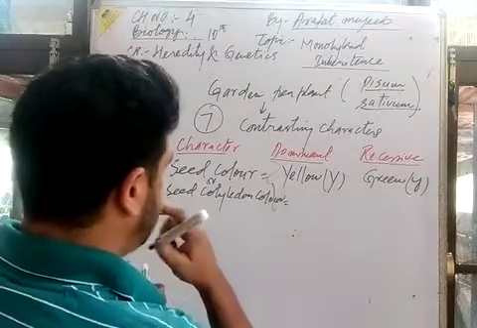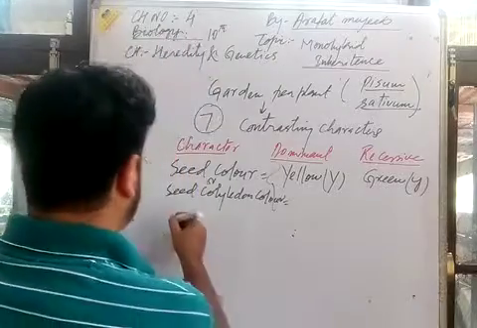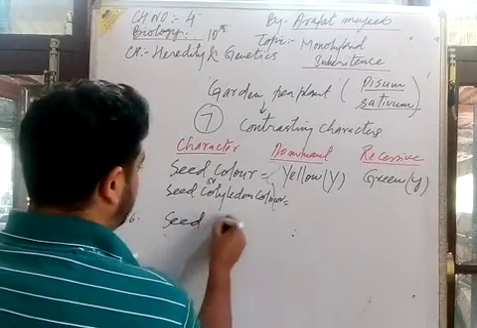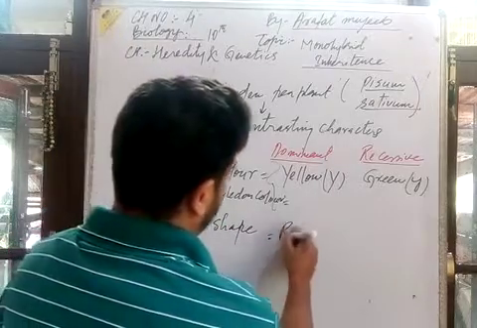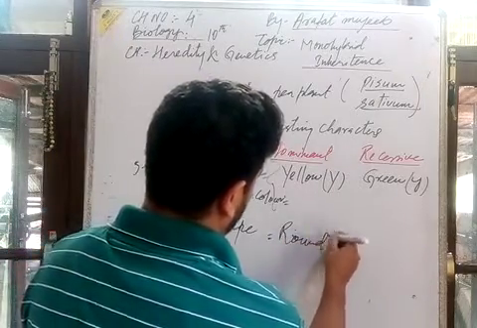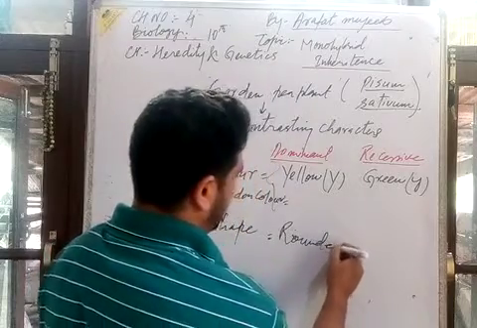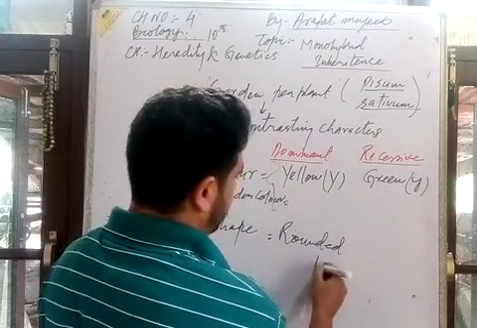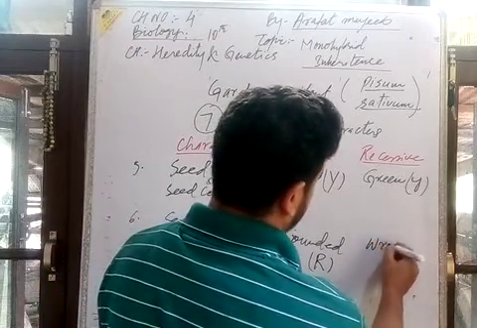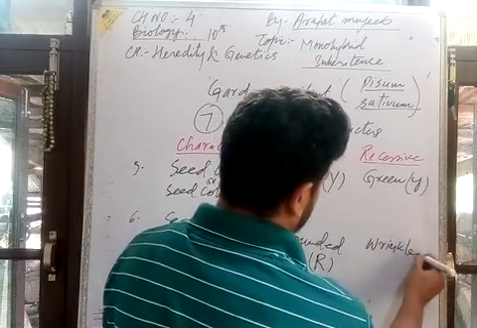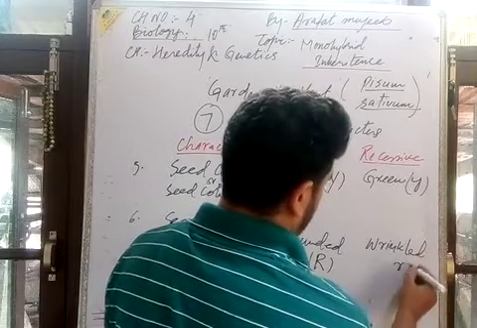Here is seed form, seed shape, the shape of the seed. One is rounded, represented by capital R, and the other, wrinkled, is small r.